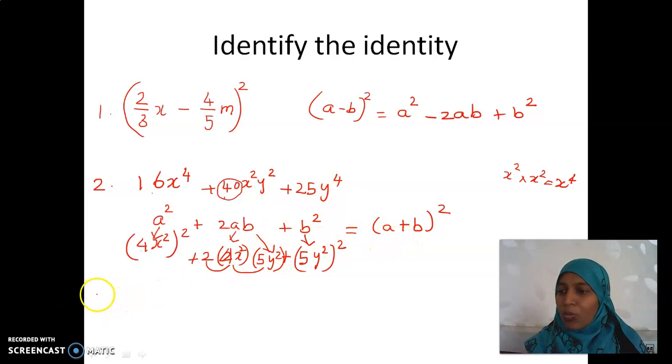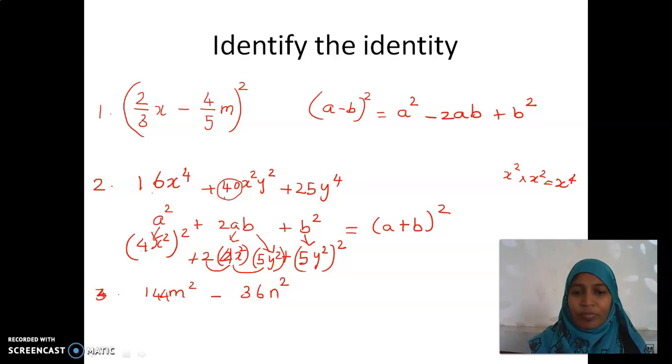Now tell me what identity matches with this expression: 144 m squared minus 36 n squared. Come on, any guesses? If I write the next step, you will understand it. I can write 144 m squared as 12 m the whole squared.